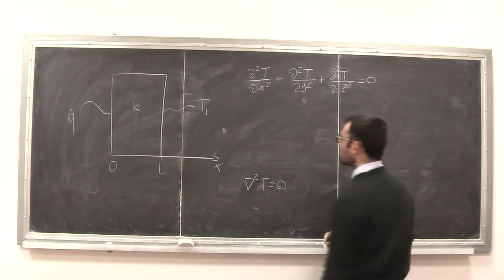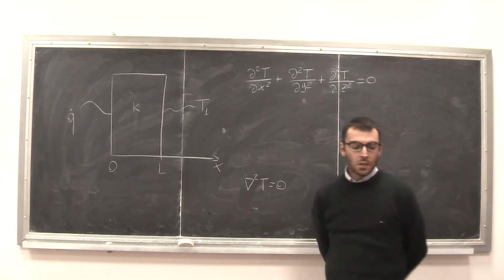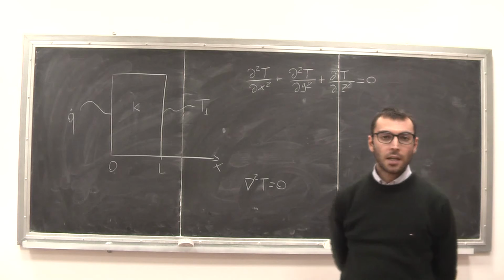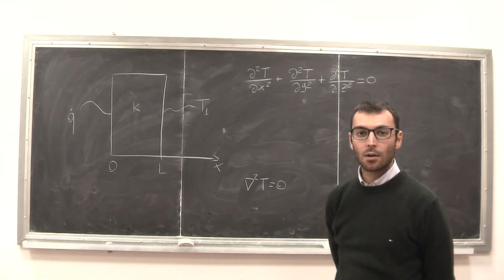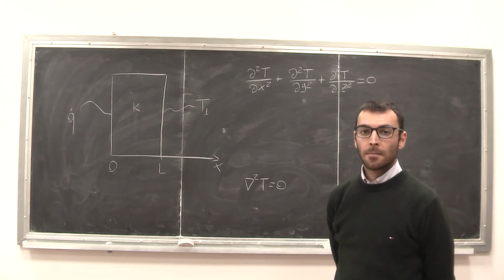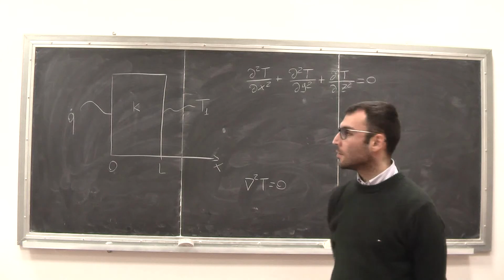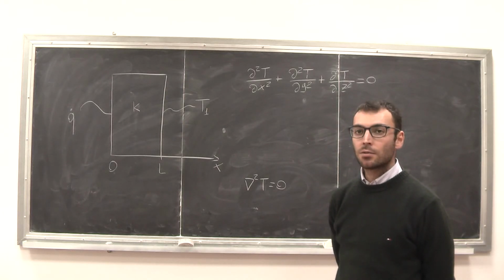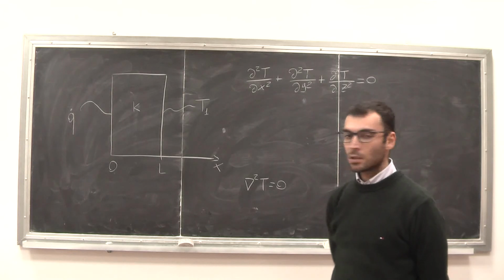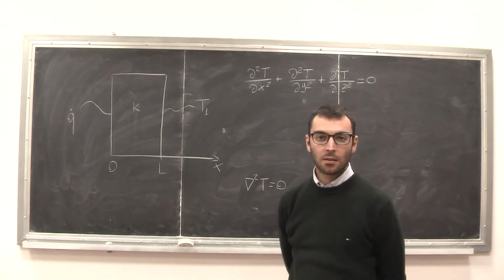Everything is equal to 0. So this is the expression of the Laplace operator in rectangular coordinates. But this equation is valid if temperature would vary in the three directions, x, y, and z.